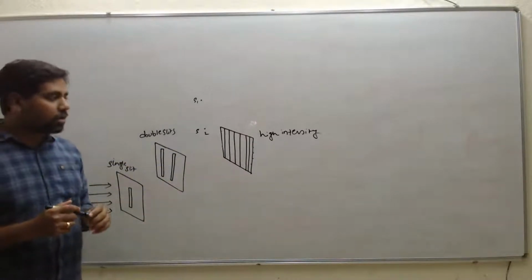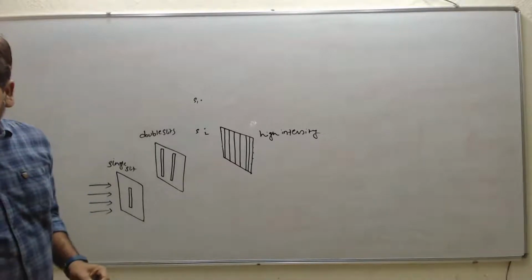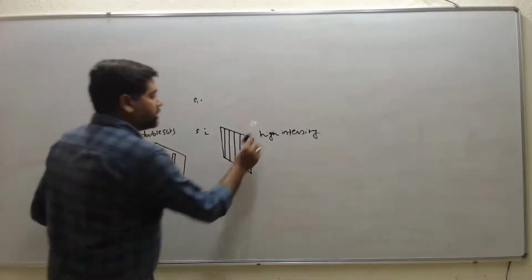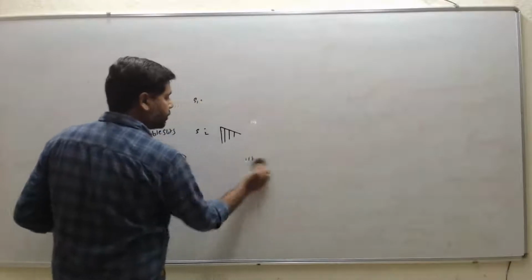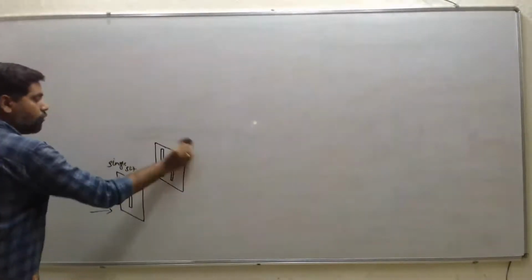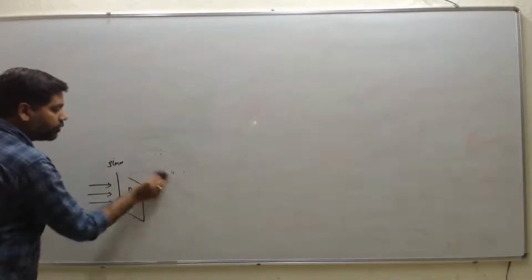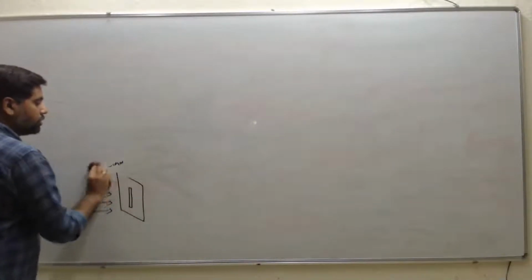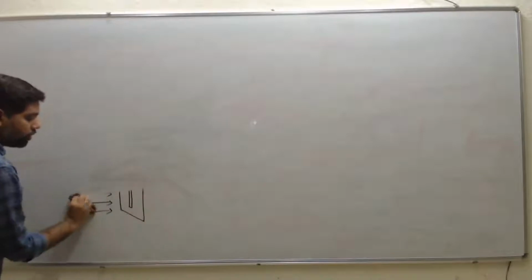Now if we plot the graph of intensity against path length, the intensity I is equal to 4 I naught for the maximum intensity, and I is equal to 0 for the low intensity.